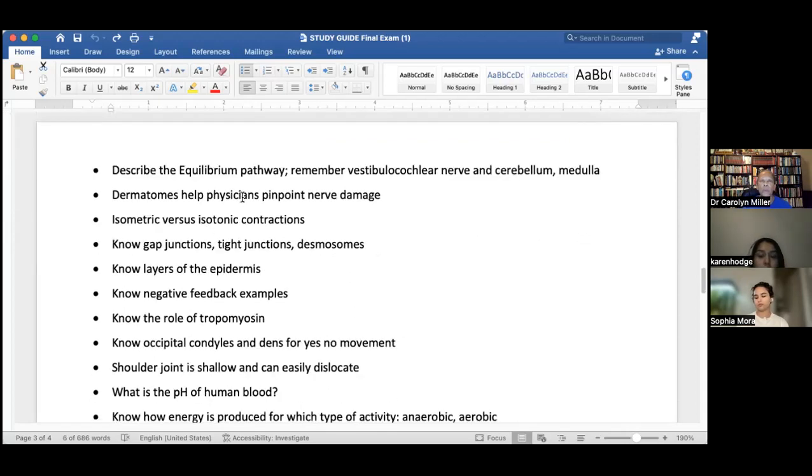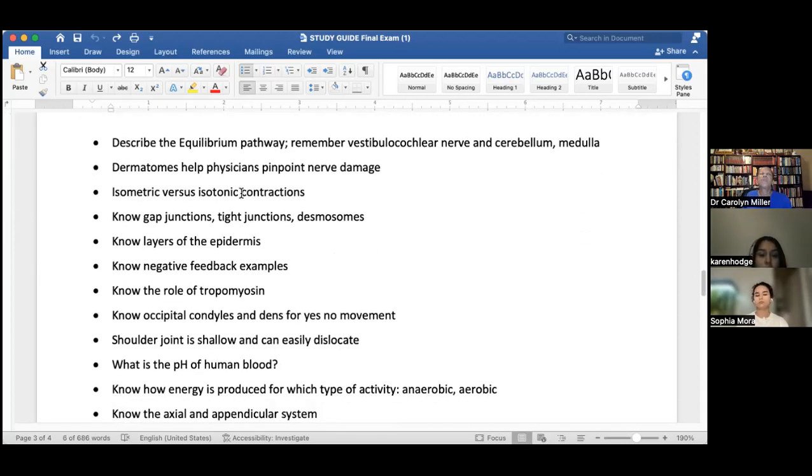Describe the equilibrium pathway. Even to maintain posture, to sit upright, the equilibrium, to know that I'm not leaning. We went through the organs that help us with static equilibrium, knowing that I'm sitting upright, or dynamic equilibrium, when I'm moving. We talked about the vestibule and the semicircular canals. The vestibulocochlear nerve is what processes the input from the vestibule or the semicircular canals if we're dealing with the equilibrium pathway.